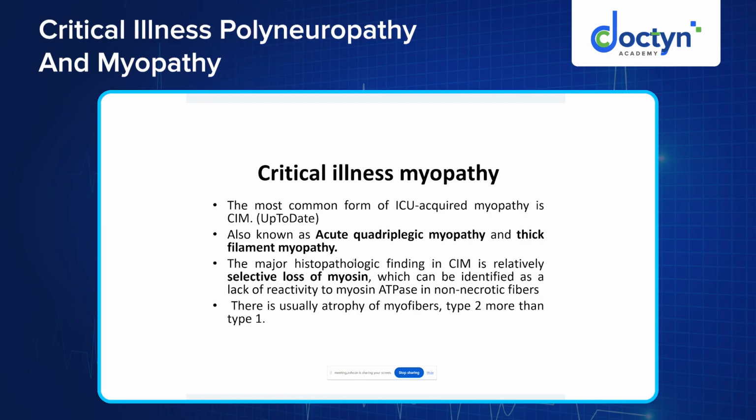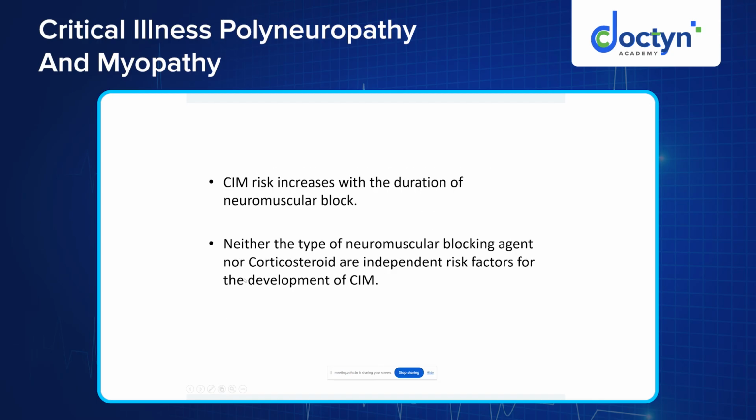Inside each myofiber there are myofibrils, the long threads that run lengthwise. There are sarcomeres, repeated functional units of contraction, made of actin and myosin. Actin is the thin filament and myosin is the thick filament. So what happens is selective loss of myosin, the thick filament, which can be identified as a lack of reactivity to myosin ATPase.